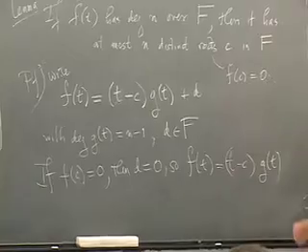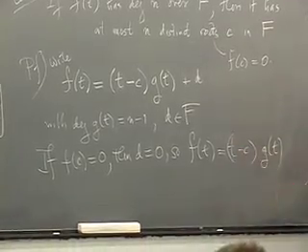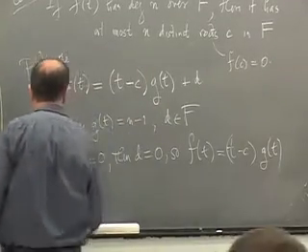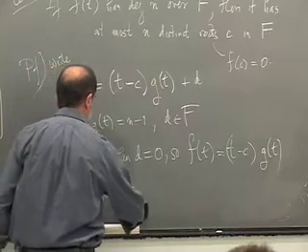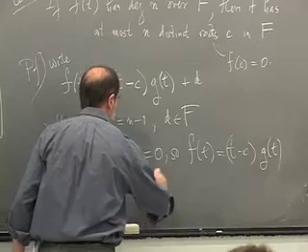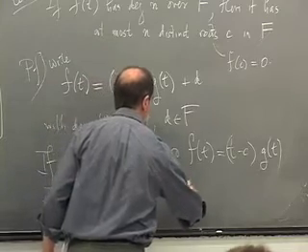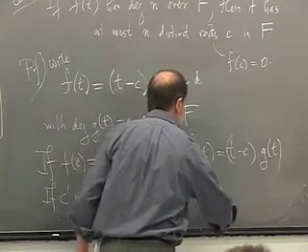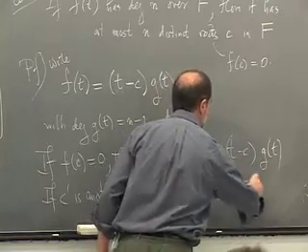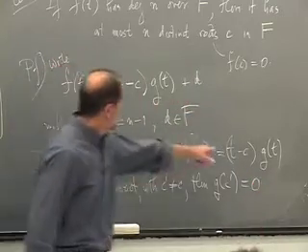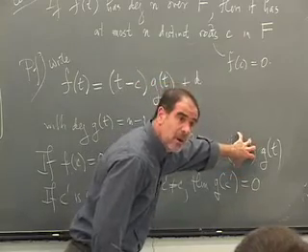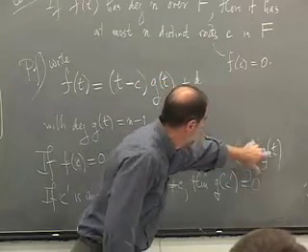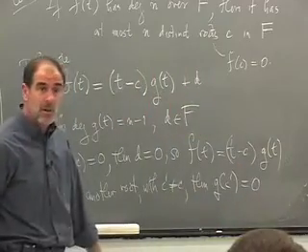And then if you had a different root, if c prime is another root with c prime not equal to c, then I claim that g of c prime is equal to 0. The reason is that if you substitute it in here, this is 0, but c prime minus c is non-zero, so you can multiply by its inverse to see that g of c prime has to be 0.